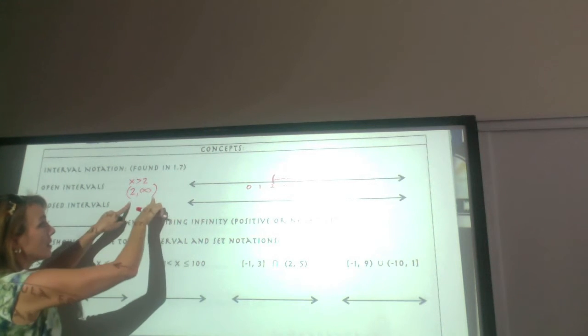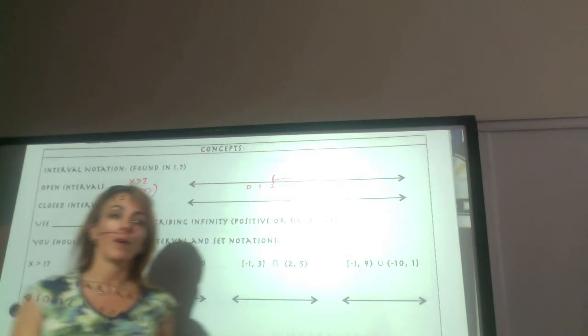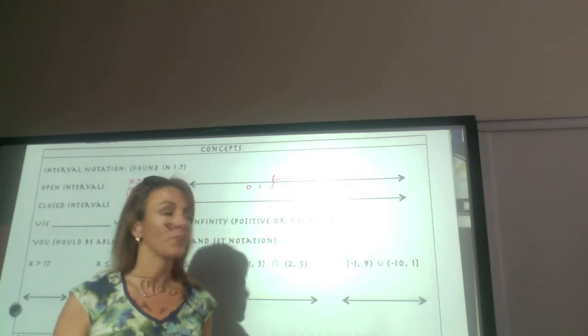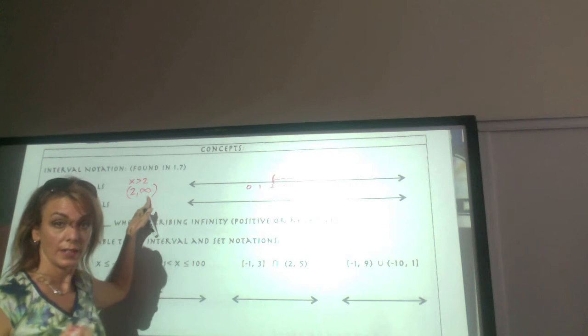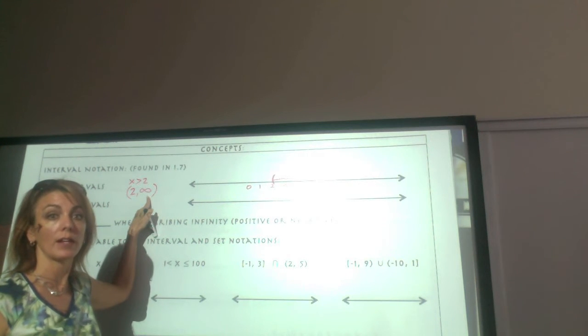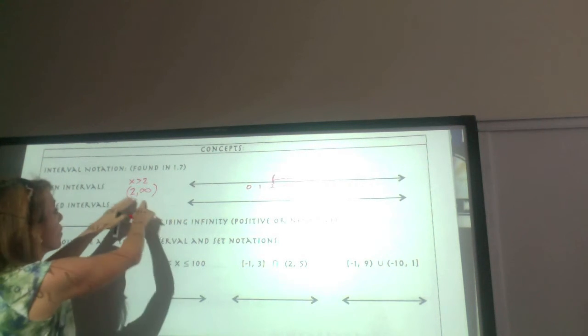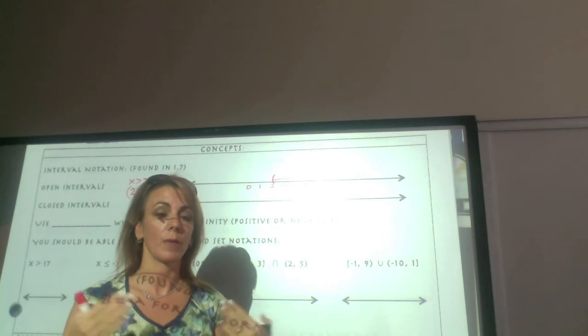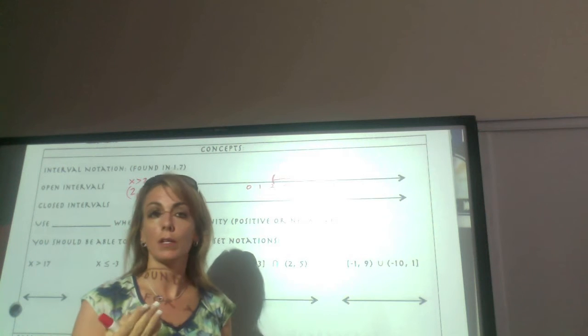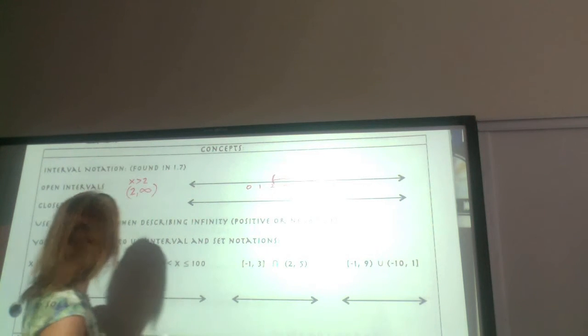And the parentheses imply an open interval. We're not including 2, nor are we including infinity. We can't. It's not a location itself. And so the parentheses just indicate we're talking about something that we can't actually include in this range of numbers.